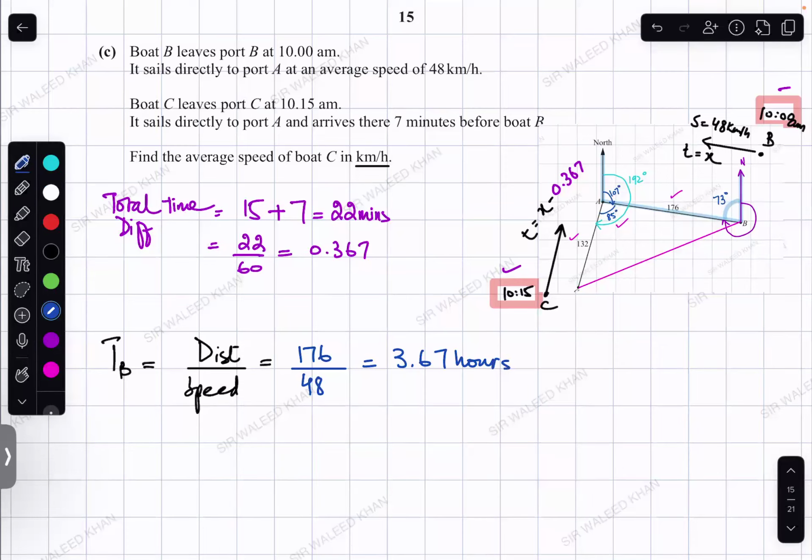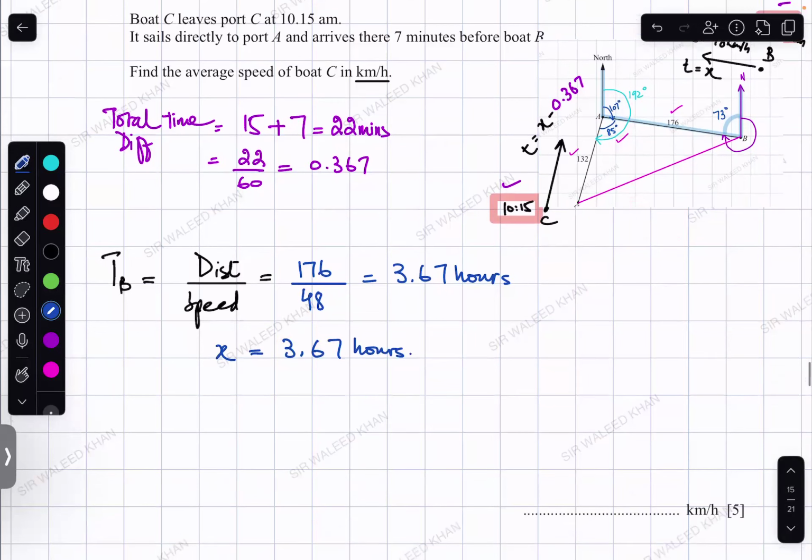Now that we have the value of x, X is equal to 3.67 hours. I can use that for this time. So the time for boat C to arrive there will be 3.67 minus 0.367. What do we get? 3.303 hours.